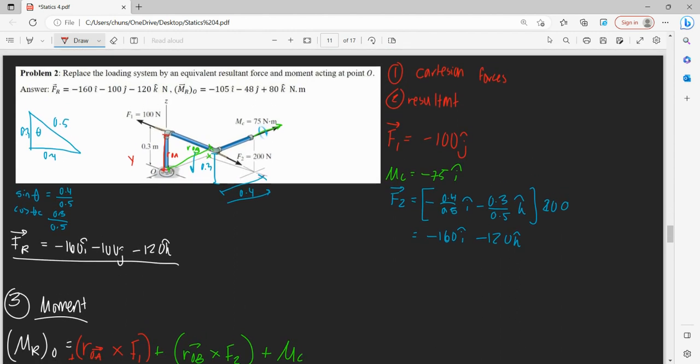I think we might be squishing our work a little. So point A is 0.3 positive, and then B, this is 0.5. So that's 0.5 in our positive y direction.